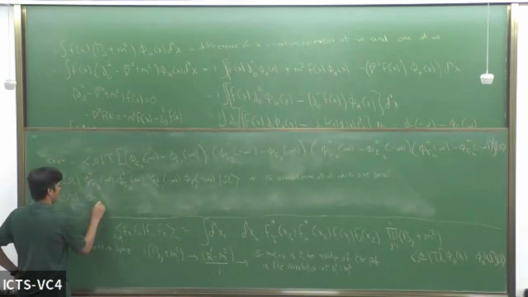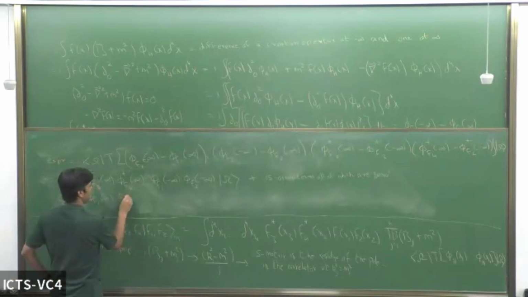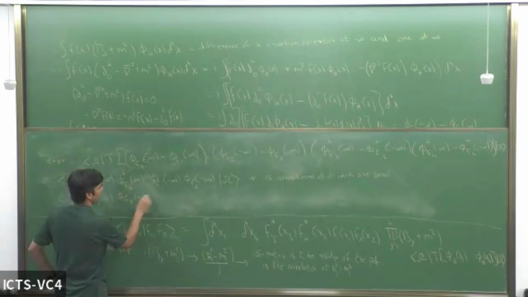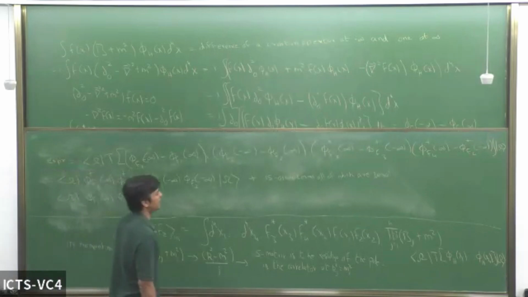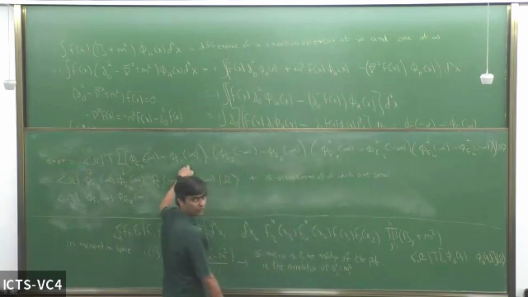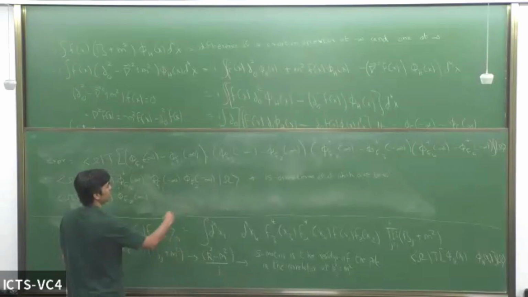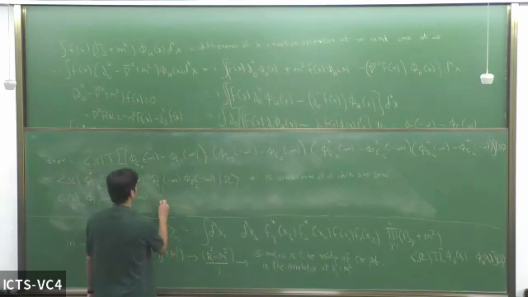Phi f1 of infinity, phi f2 of infinity. There's one term where you pick up the plus infinity parts from phi f2 of infinity and phi f1 of infinity, and you pick up the minus infinity parts from the f3 and the f4. So phi f3 of infinity.